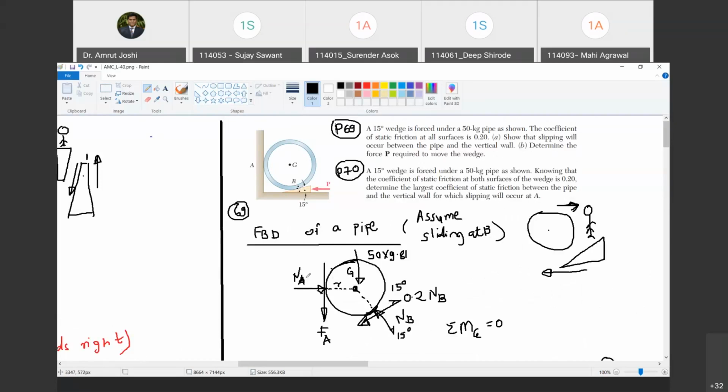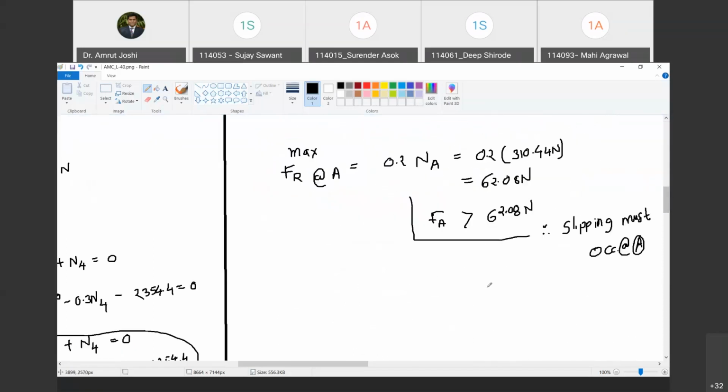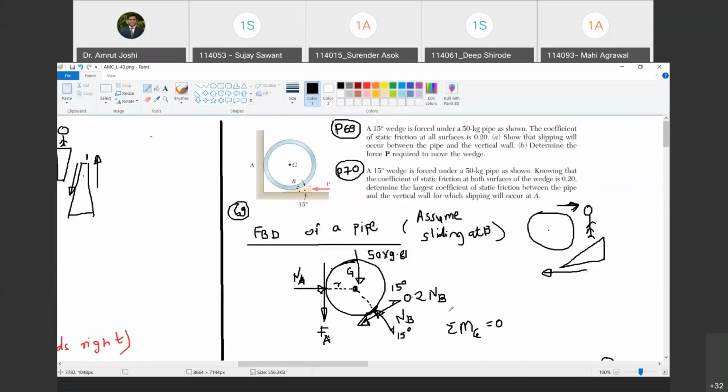From that, I calculated the value of Na and Fa required for equilibrium, and that Fa turns out to be more than the frictional resistance that can be offered at A. And therefore, the sliding must have occurred at A. That's my conclusion.